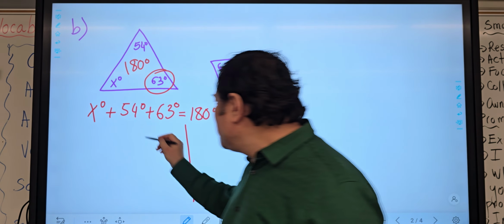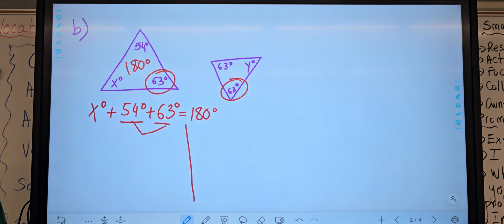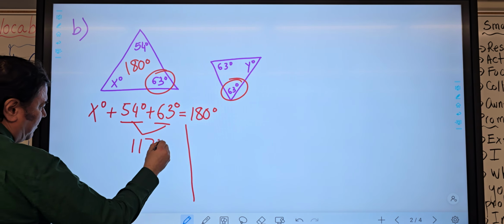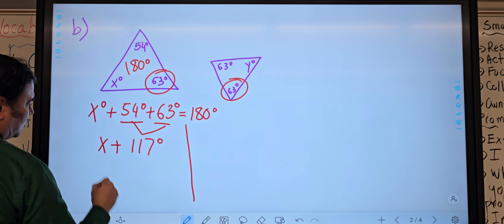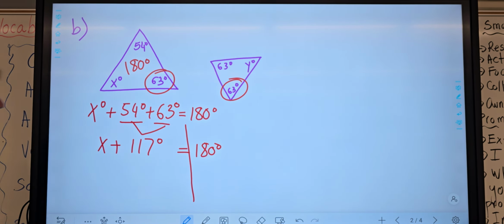Okay, so let's combine the like terms now. So let's add 54 plus 63. If we add 54 plus 63, we get 117 degrees. So we have x plus 117 equals 180 degrees.